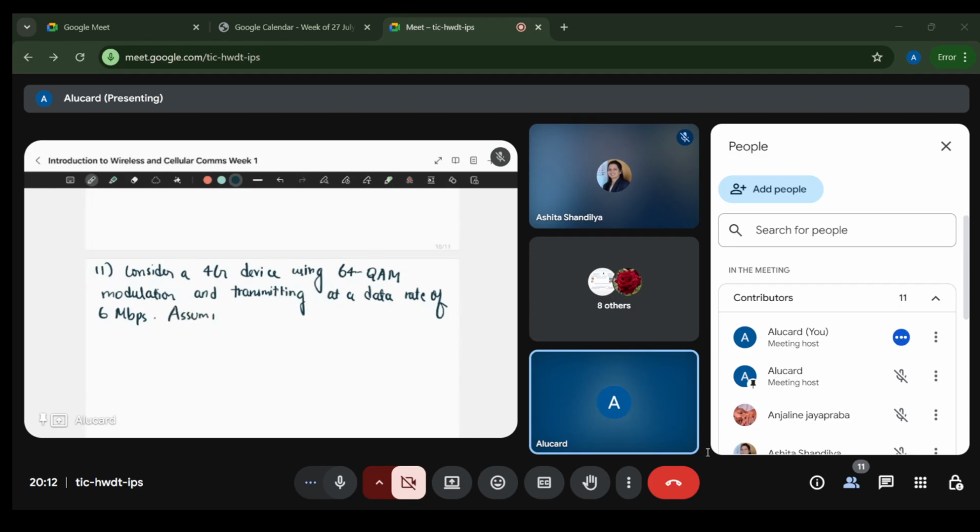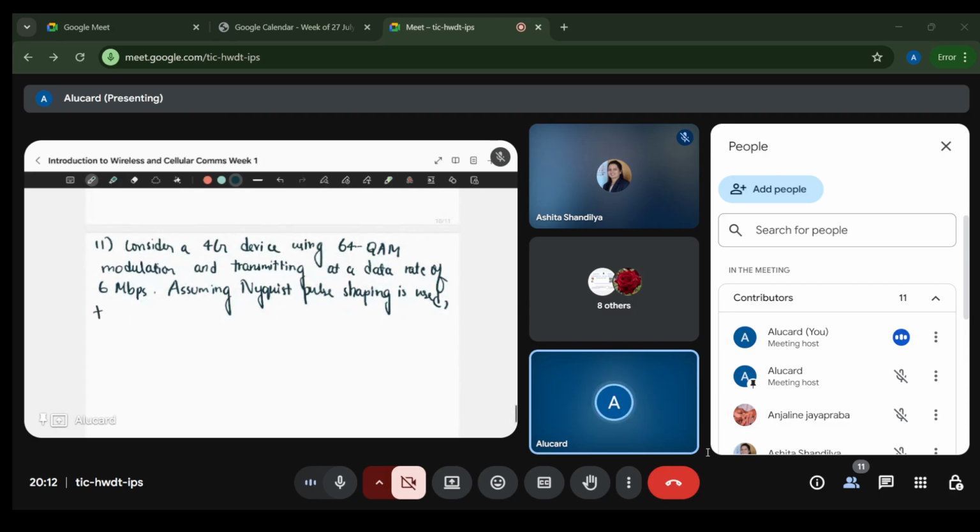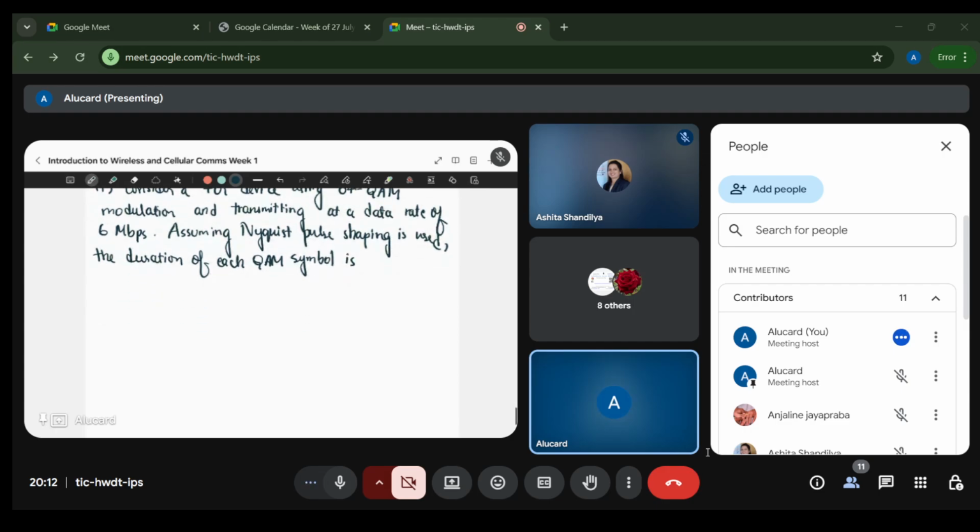Assuming Nyquist pulse shaping is used, the duration of each QAM symbol is, so they've given it's 64 QAM.